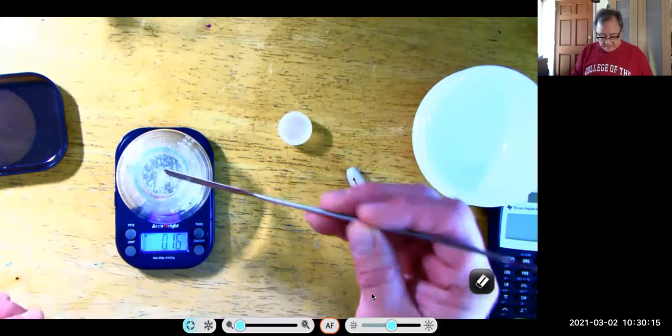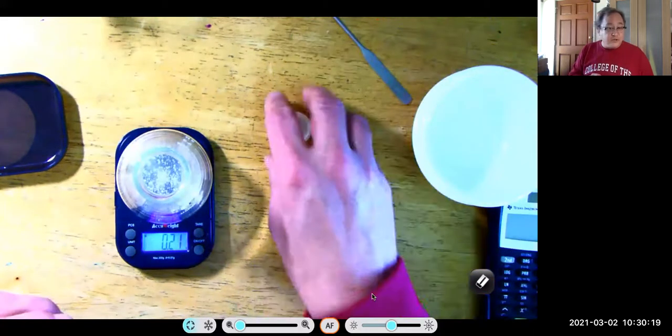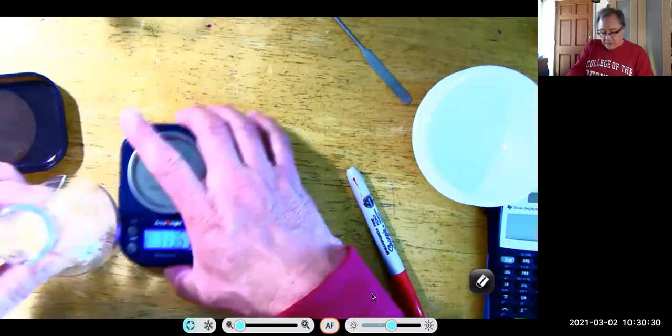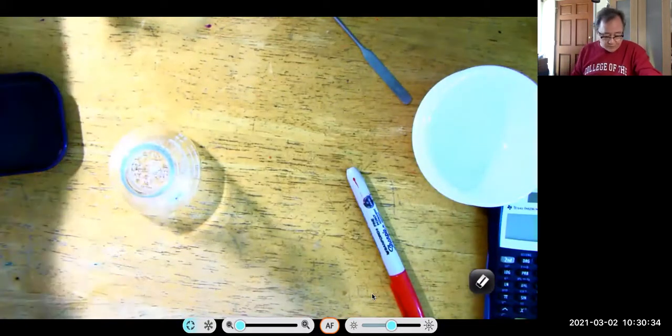Okay, and so you can see that I have 0.21 grams of my potassium hydrogen phthalate. Now, if you get more than 0.22, just work with it. Okay, so I want to record that information, the 0.21 grams, of course, because that will be important for later.